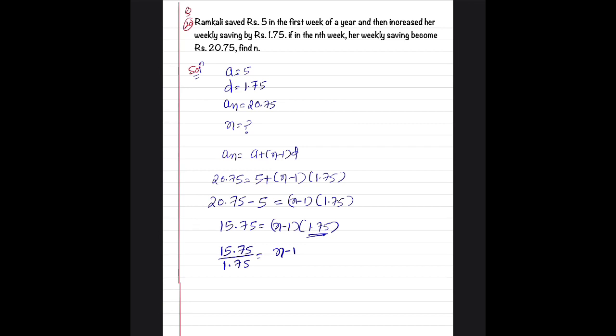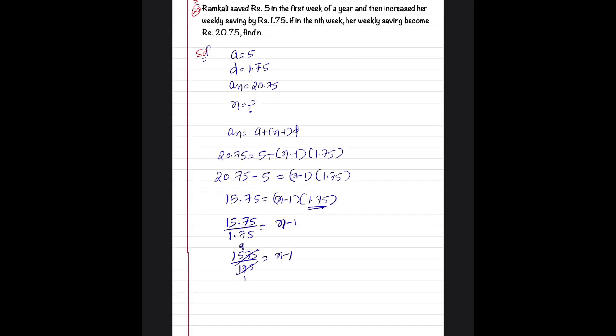You can simplify this by multiplying by 100, so it becomes 1575 divided by 175 equals n minus 1. If you simplify this, it becomes 9. So 9 equals n minus 1. Taking minus 1 to the left hand side, 9 plus 1 equals n. So n equals 10.